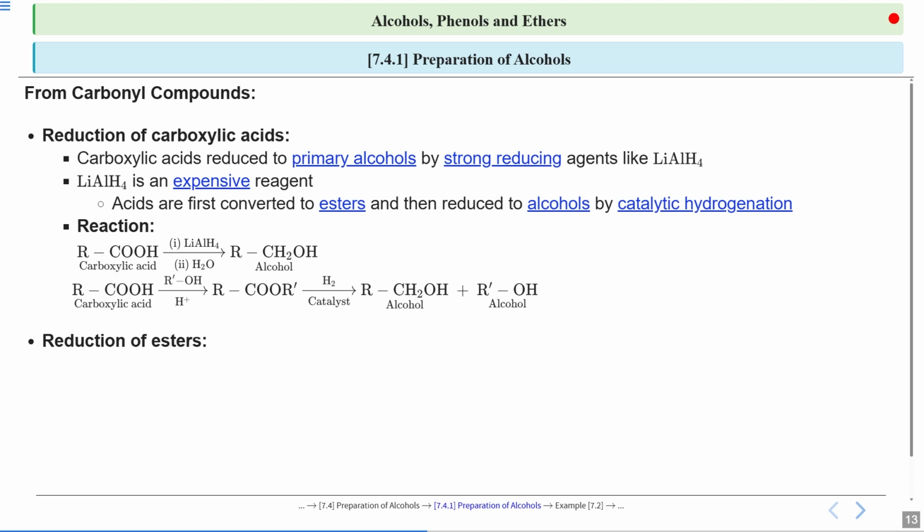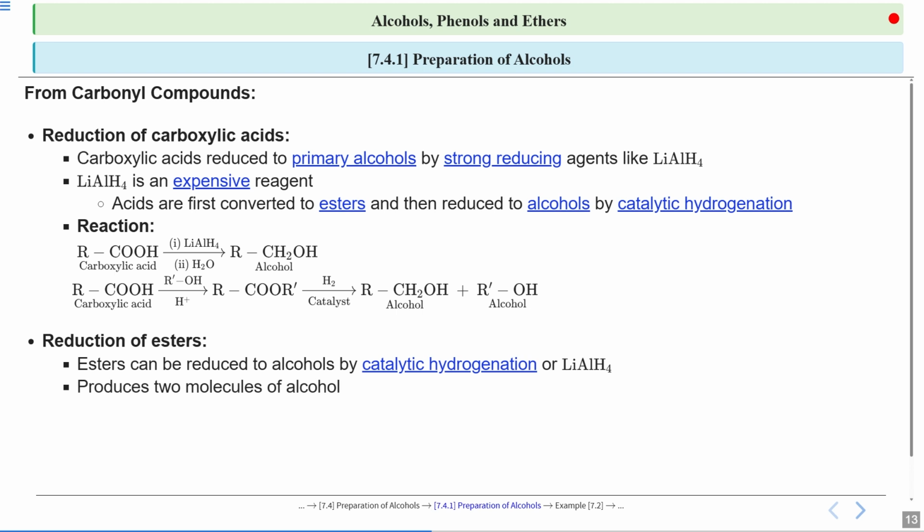Reduction of esters. Esters can be reduced to alcohols by doing the catalytic hydrogenation or in presence of lithium aluminium hydride. This produces two molecules of alcohol. So if you take the ester, RCOOR prime, R and R prime may or may not be same.